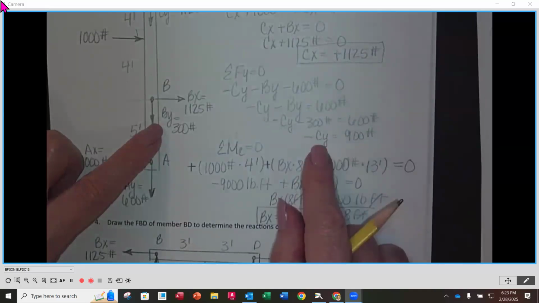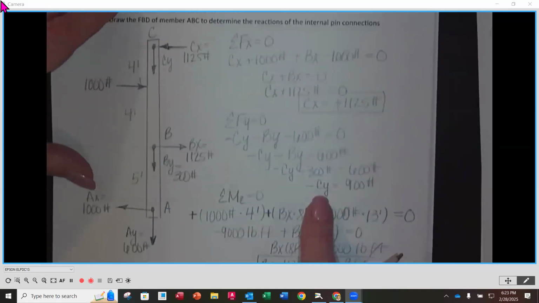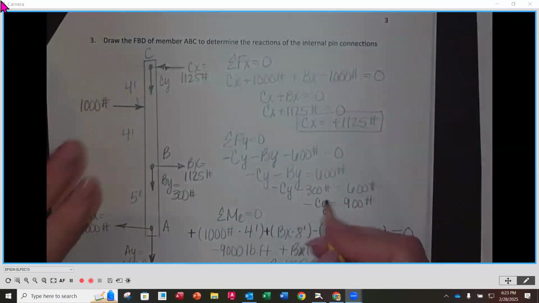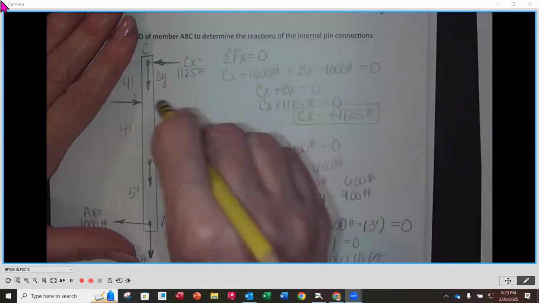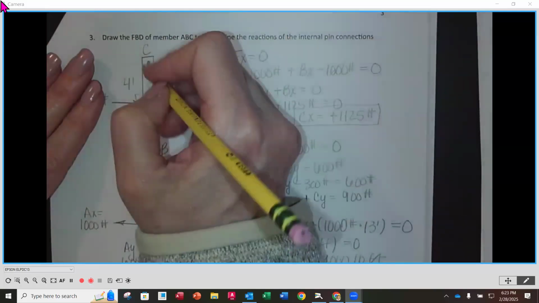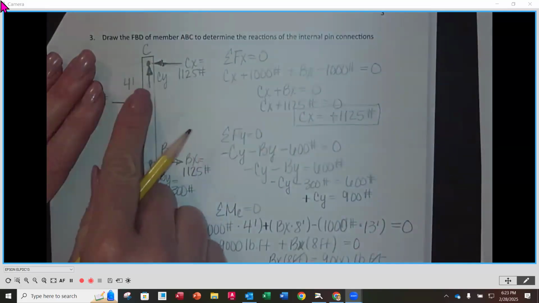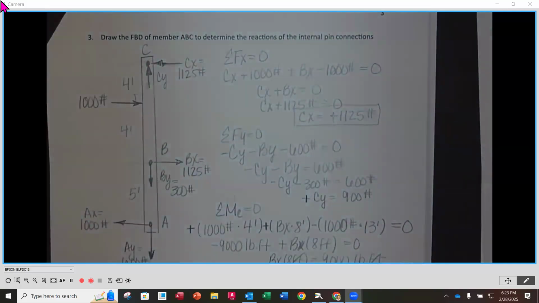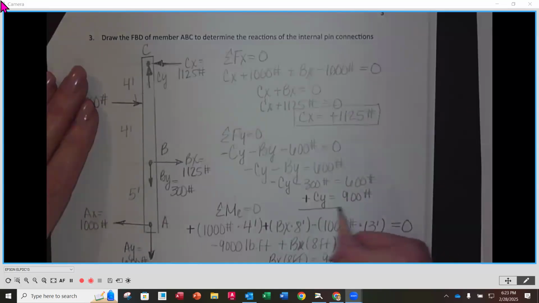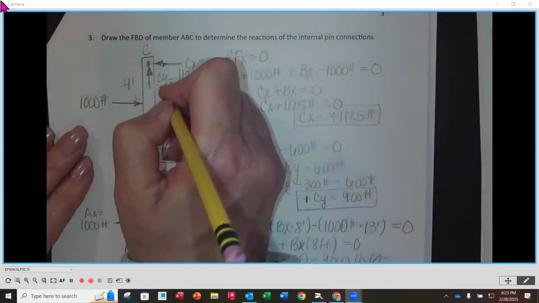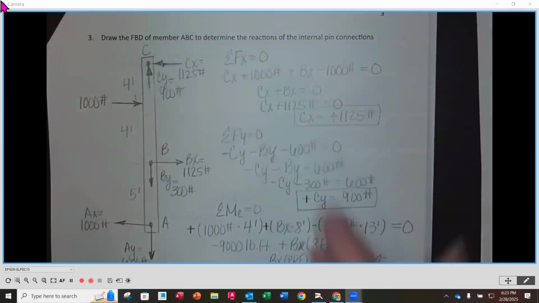Now, we have a negative though, and we kind of suspected one of those was probably going to have to change. So that means that we're going to make CY positive here, but we have to change the direction of CY to go up on member ABC. So now it's confirmed going up, equal to 900 pounds. And it makes sense.